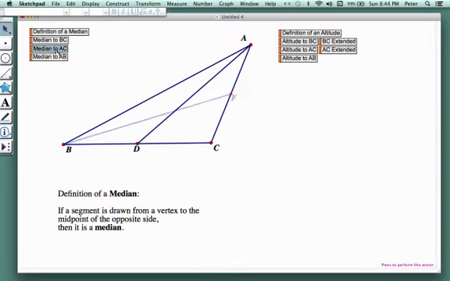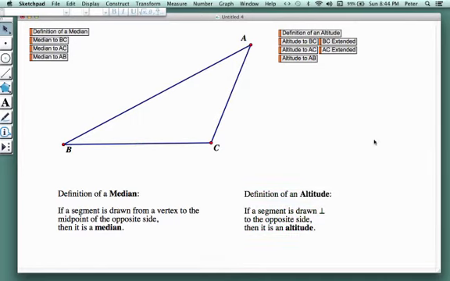Let's then take a look at altitudes. An altitude is a segment drawn from a vertex perpendicular to the opposite side. Well, that's easy enough when we draw the segment from C to AB because it's inside the triangle. But what happens when we try to draw a line perpendicular to BC?